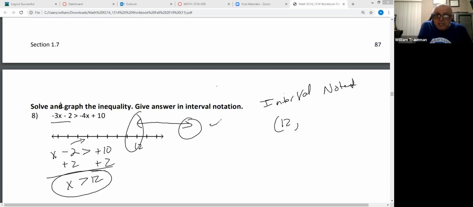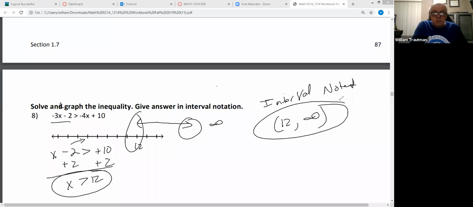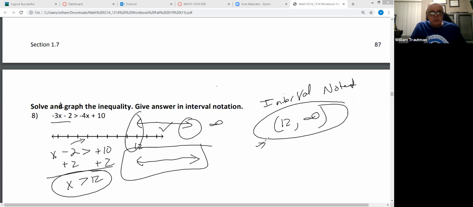The far right is infinity, and it's in parentheses. There's my interval notation. There's my graph at 12, and it goes all the way to infinity. That's the graph. This is the interval notation.